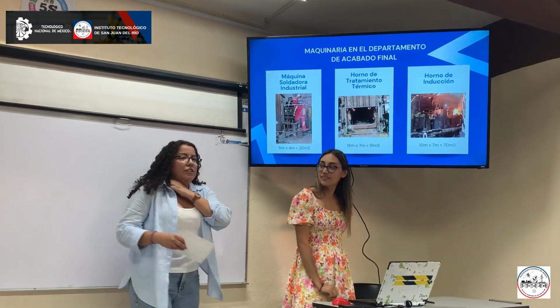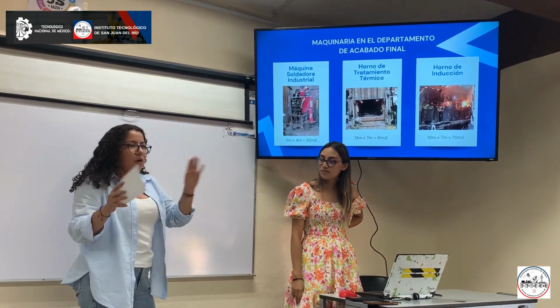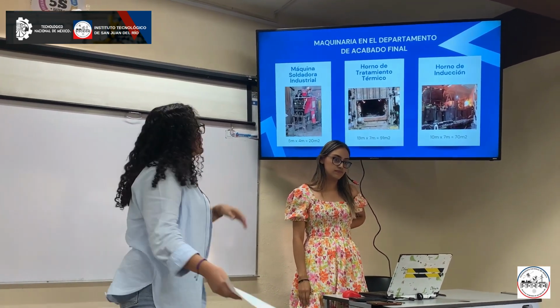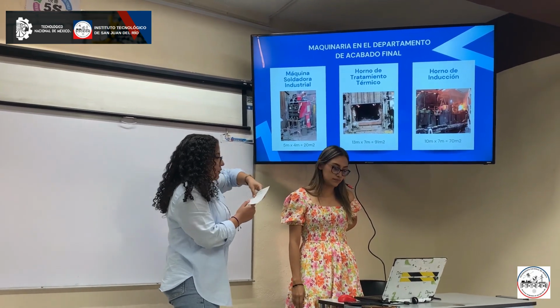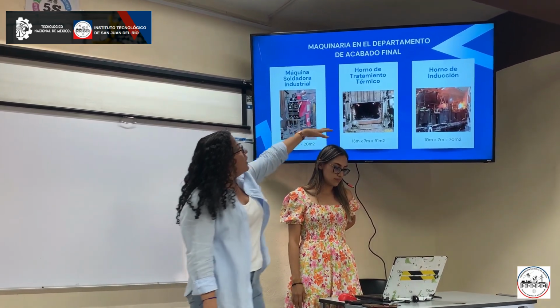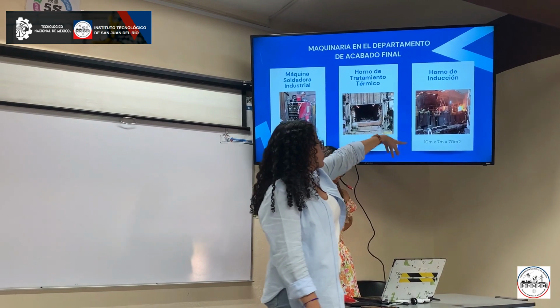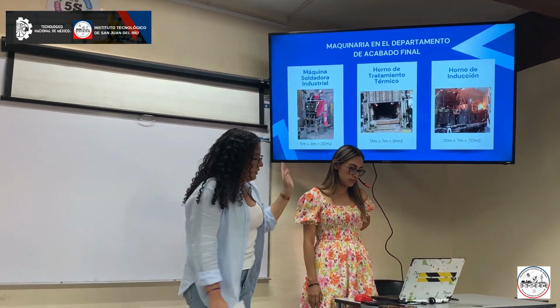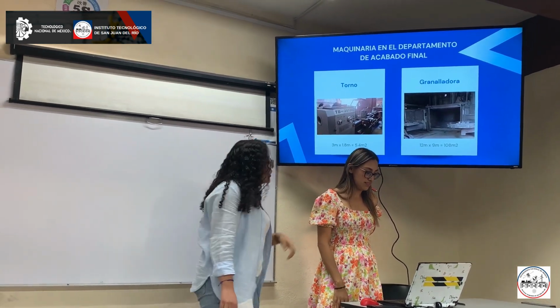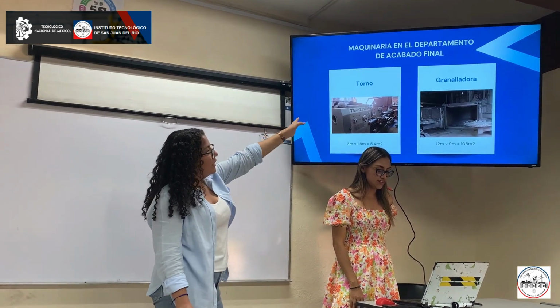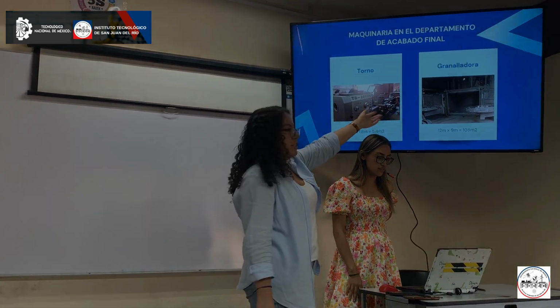And just so you know how each machine looks, this is a welding machine, this is a heat treatment oven, an induction oven, a turnstile, and a shot blasting machine.